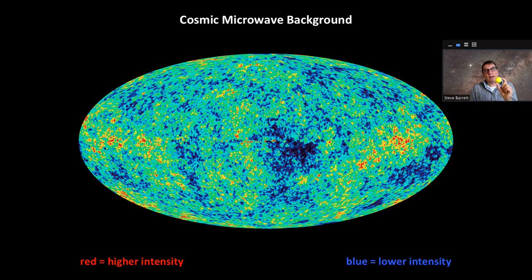Remember, the golf ball had dimples in it? There were variations in density and temperature in the golf ball. Now the golf ball has expanded to something substantially larger, but we're still seeing the imprint of those dimples in the microwave background.